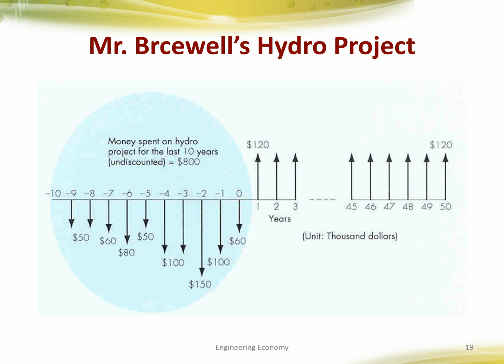This person has been saving money over the past 9-10 years, and then decided to invest in a hydro project, and from then on there will be 120,000 return every year for 50 years.